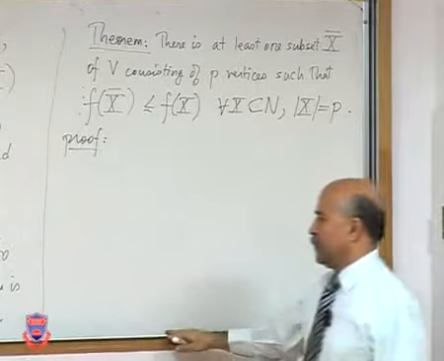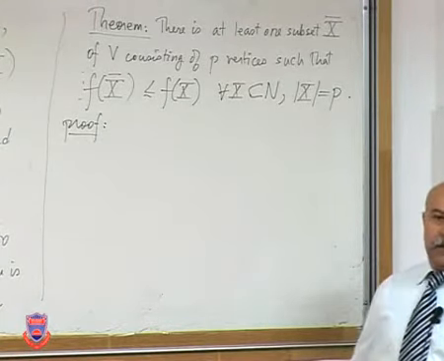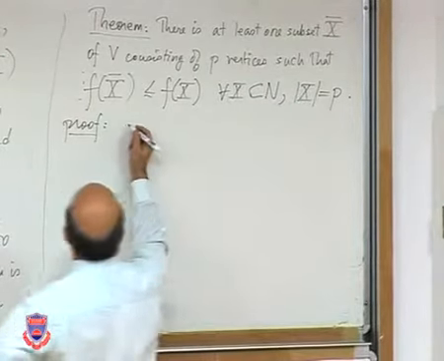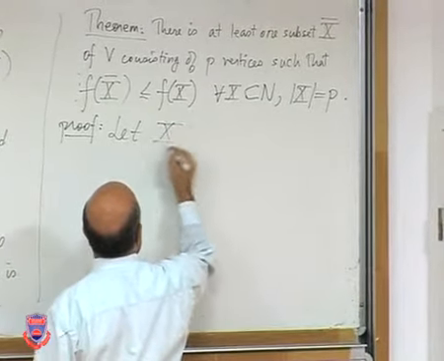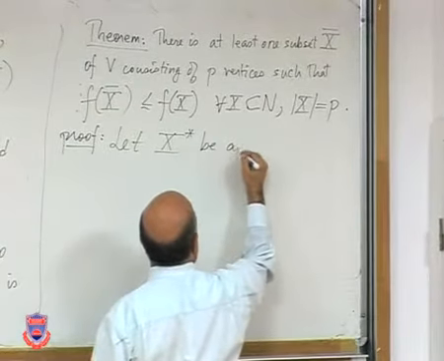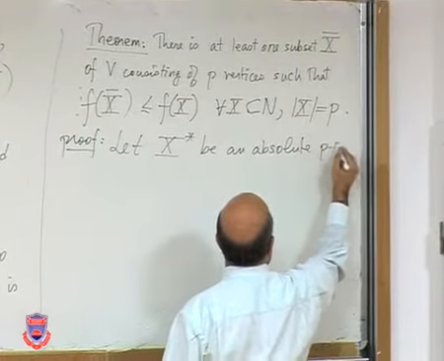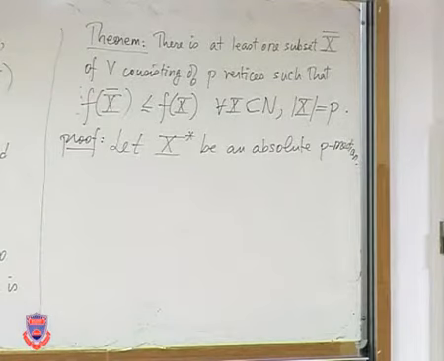The proof. The main idea is, again, to utilize the one-median vertex optimality property. So what we're going to do is, let's begin with some optimal solution. So let X star be an absolute p-median solution. If X star is a subset of the vertex set, then you're done. So assume it's not.